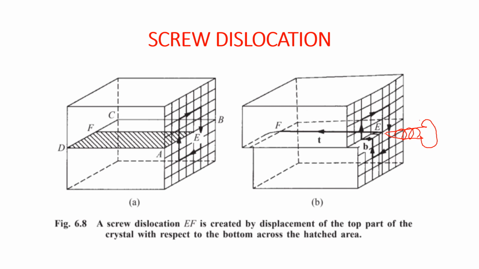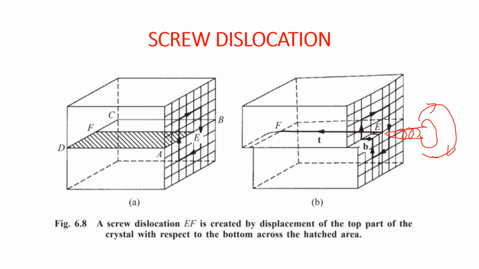On rotating that screw in the clockwise sense, if the tip of the screw is moving along the T vector, then the Burgers circuit has to be drawn in the clockwise sense. In the other way, if you are rotating the screw in the clockwise sense, and the tip of the screw moves opposite to the T vector, then the Burgers circuit has to be drawn opposite of clockwise, that is counterclockwise.